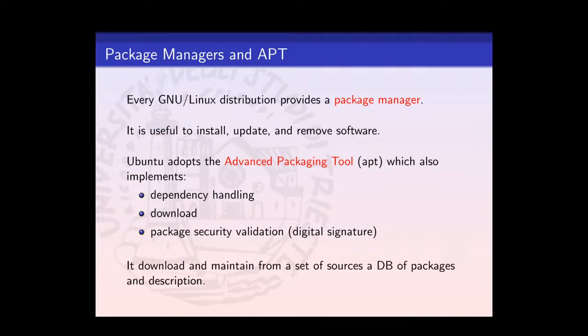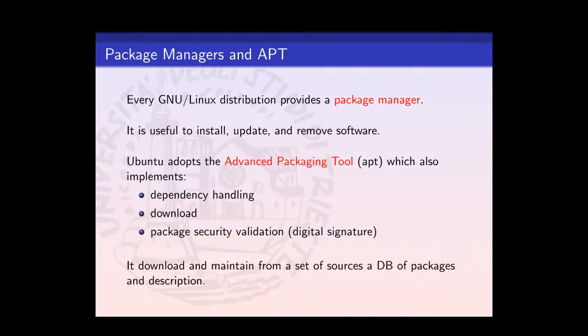So the idea is that for anything you need to install, you can use APT. And you can do it in the command line, which for graphical tools is not really useful because, of course, if you want to install the Office tools, you can use the graphical tool for installation.